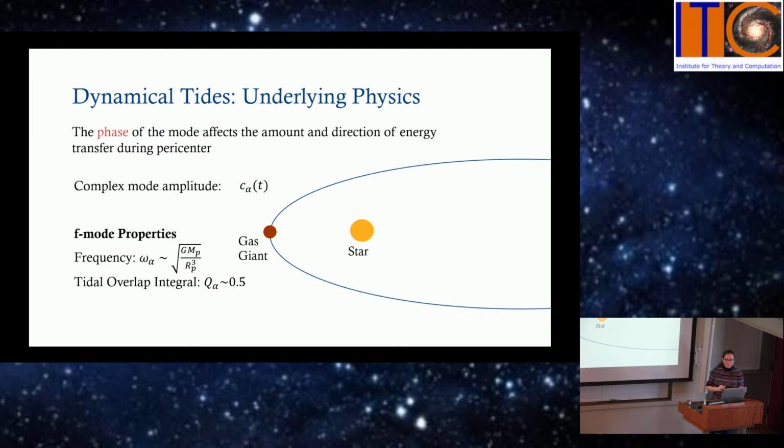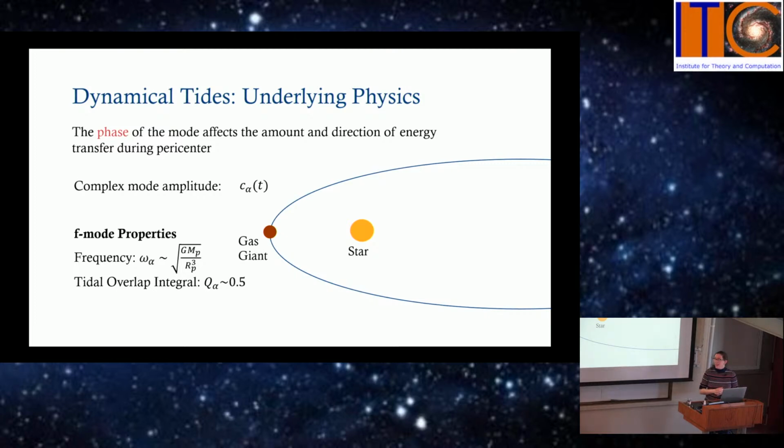So the fundamental mode frequency is, roughly, if you combine the mass of the planet and the radius of the planet with the right exponents to get the right units, you get the frequency for the fundamental mode. And that tends to match up well with, for these systems, the frequency associated with timing of pericenter passage. And the second is that the overlap integral is large, meaning that the tidal potential of the star is efficient at exciting this type of oscillation in the planet.